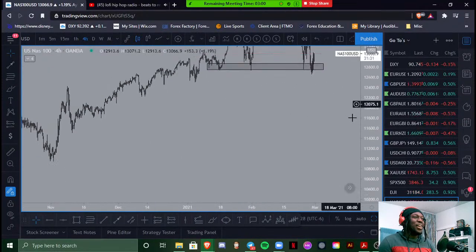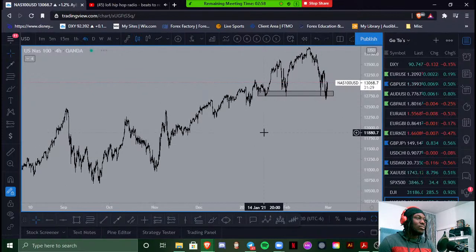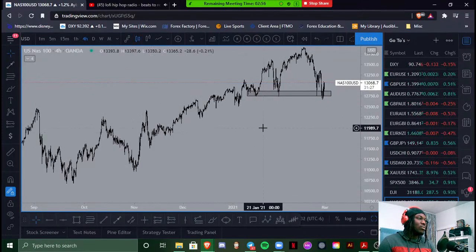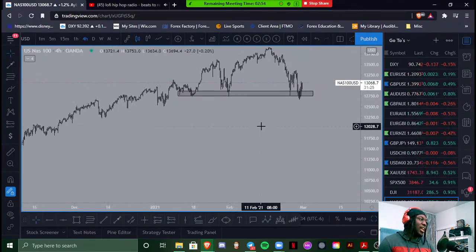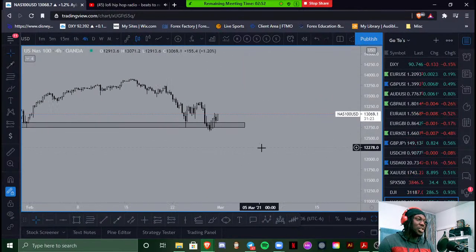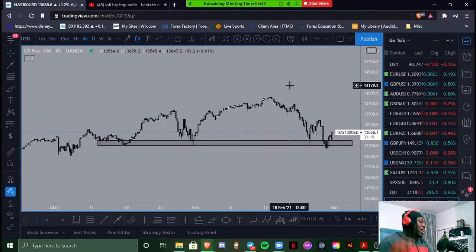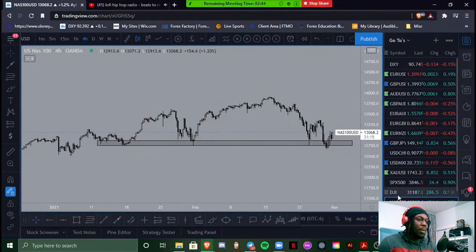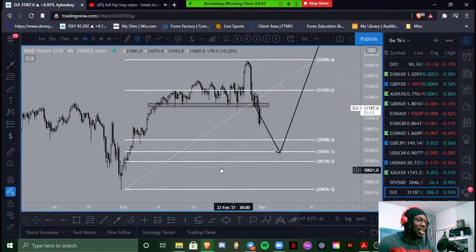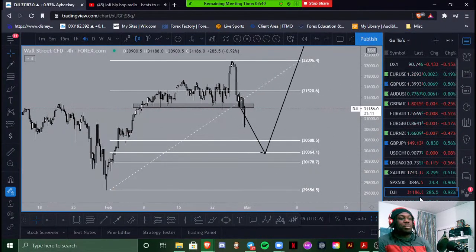This thing's a player, man. I'm not really even interested in trading it. I just think that this is going to push to the upside, and I think that NASDAQ might make it so that the S&P and the Dow Jones don't even make it to these lows. I think that it's just going to start pushing to the upside, honestly speaking.